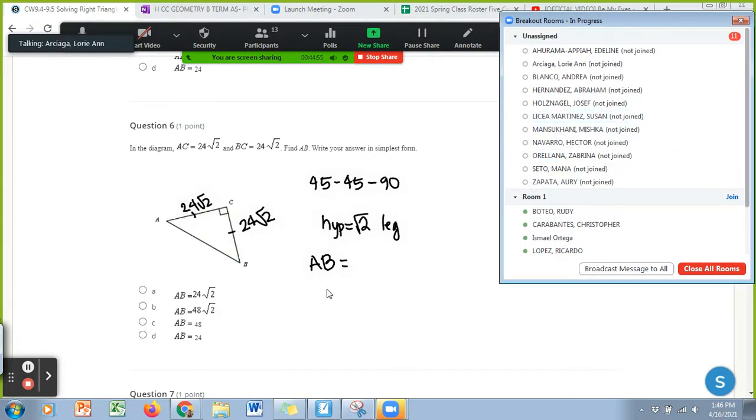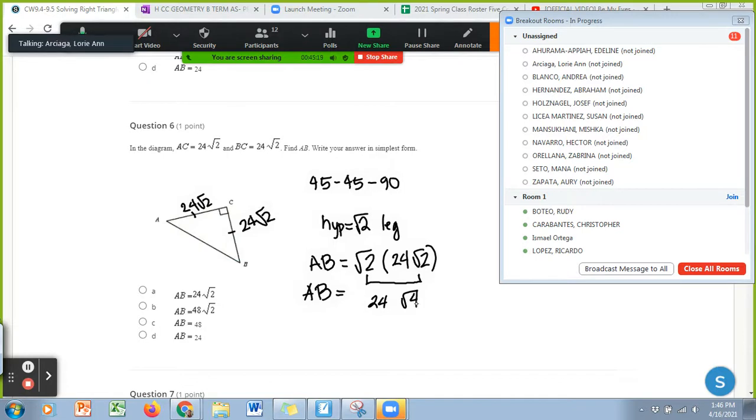So AB is radical 2 times the leg, but the leg here is 24 radical 2. So AB is equal to, when you multiply radical 2 times radical 2, that will actually be radical 4, right?